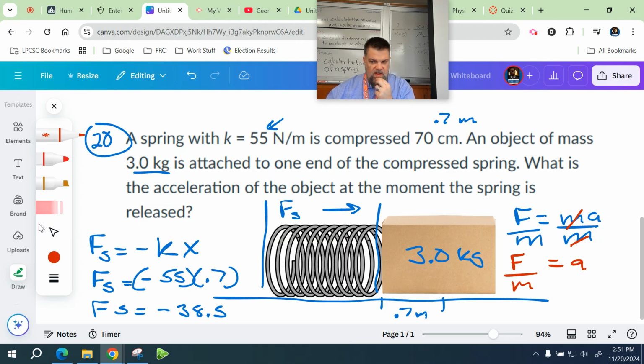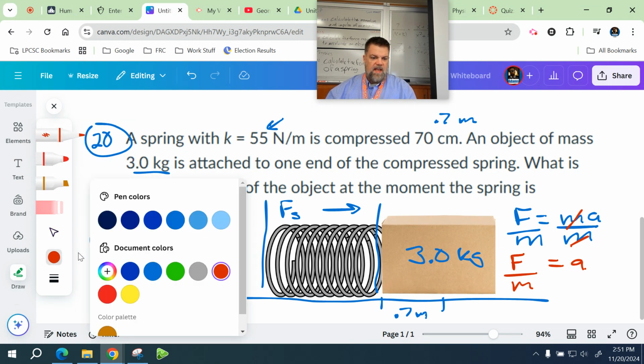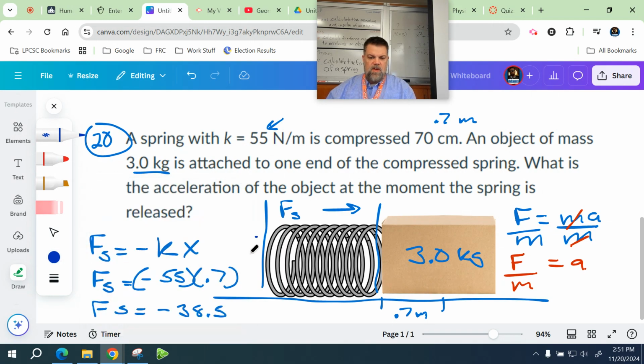The force exerted, we have to decide what's positive and what's negative. Technically what we can do, and this goes back to your notes, we can call this negative, and that makes this positive, because it's going to exert a force. We want the right to be positive, and we want the left to be negative. Essentially, our acceleration has to go in the same direction.